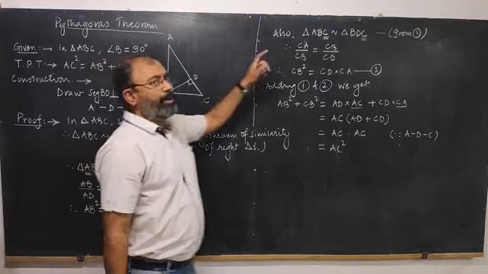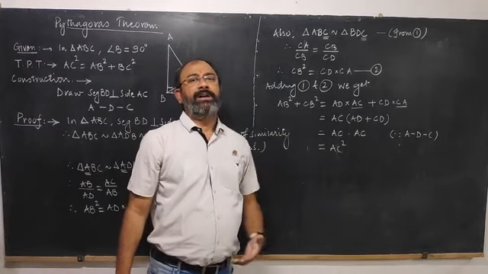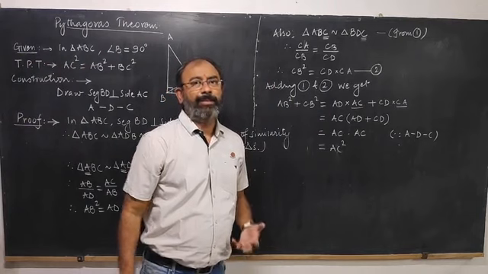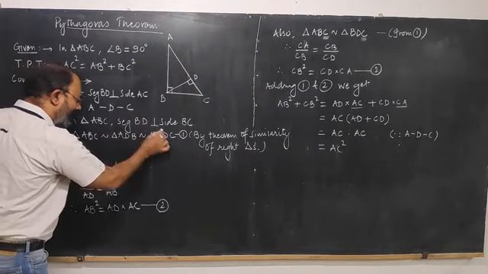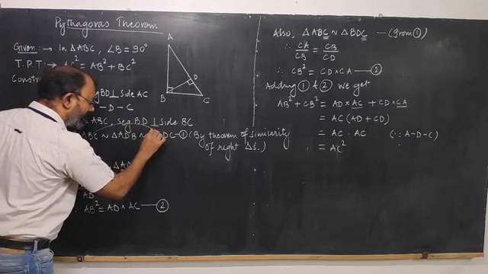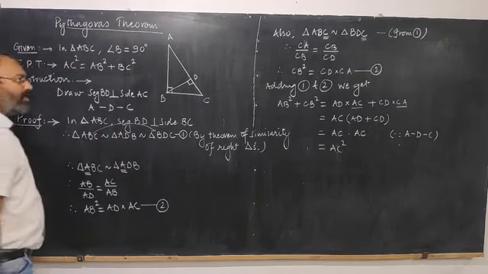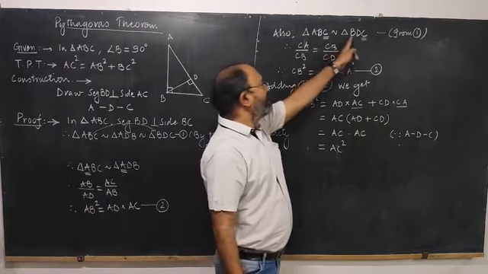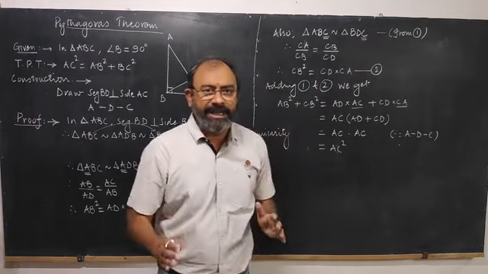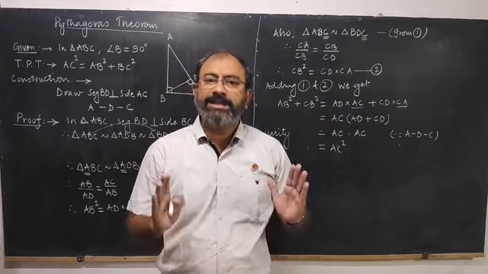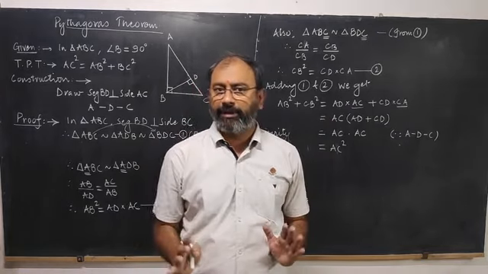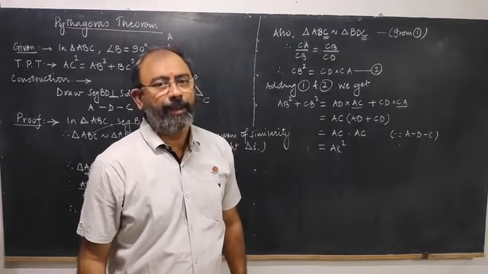Now I am going to use the second similarity between two triangles, that is the first triangle and the last triangle. ABC is similar to BDC. Again, triangles are similar, so corresponding sides are proportional.